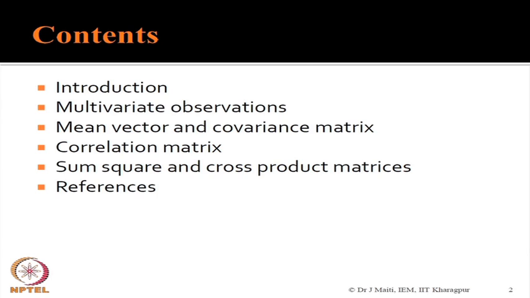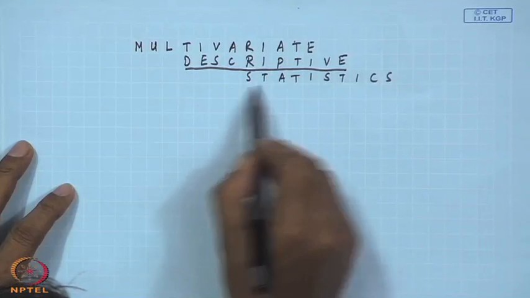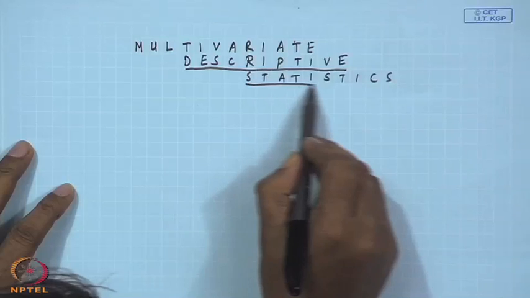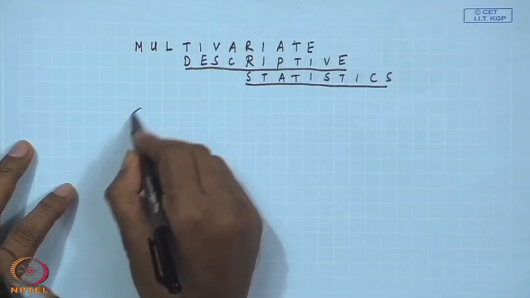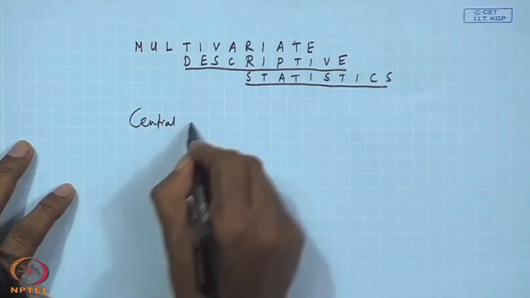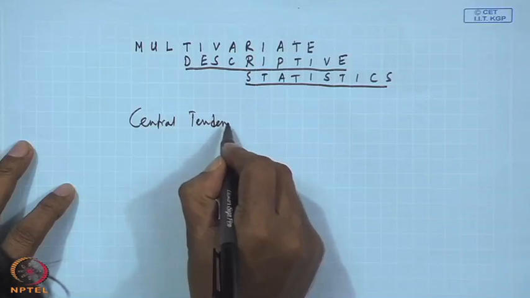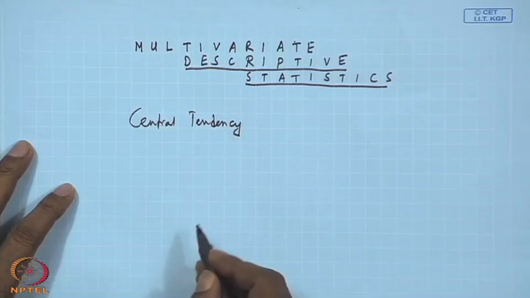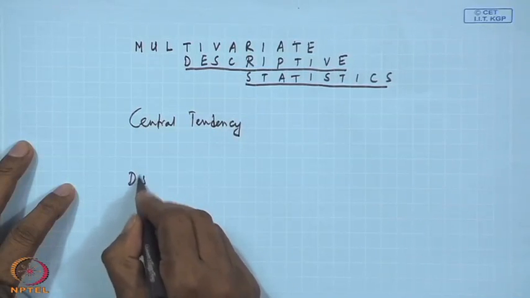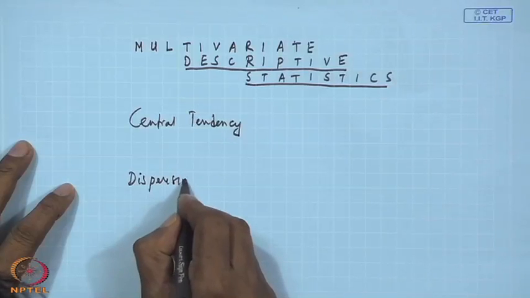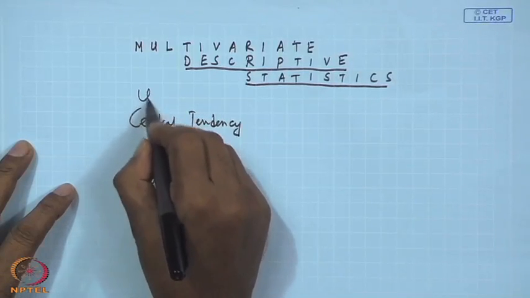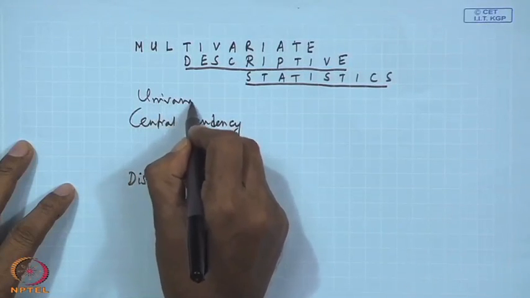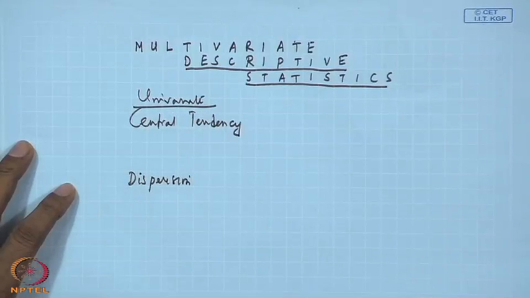So, in univariate statistics, univariate descriptive statistics, you have seen central tendency measures as well as dispersion measures. Correct. Univariate case you have seen earlier in these lecture classes.